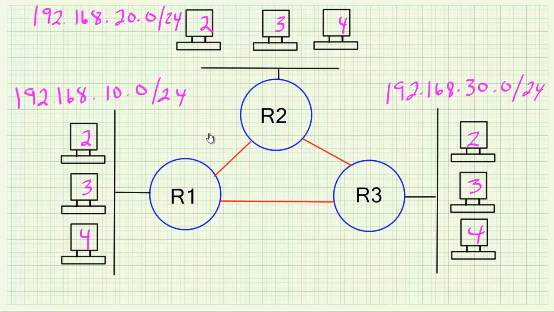Recall that this diagram represents what could be a lab environment, or you could think about it as a business that has 3 locations that are connected together via a wide area network of some sort, such that we have location 1 over here on this side with its local area network with some computers connected off of the local area network side of this router. We've got location 2 up here with the same thing going on, as well as location 3 over here.